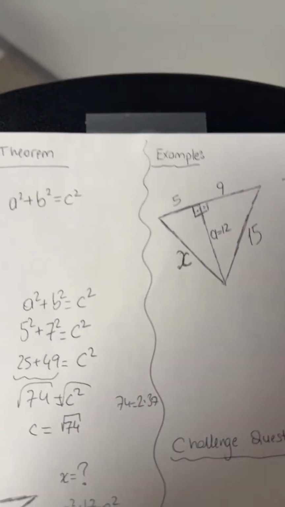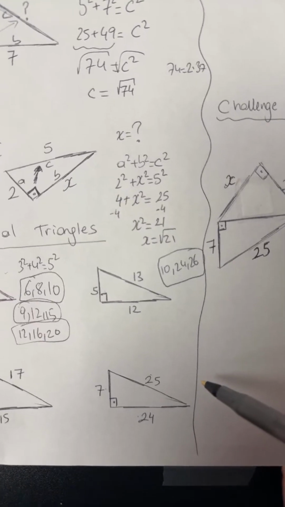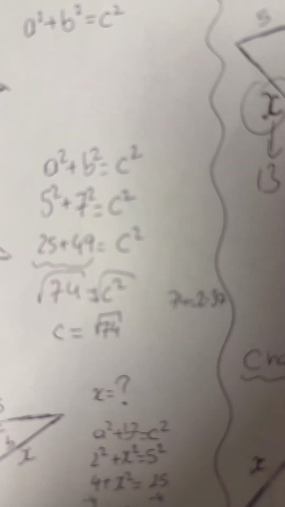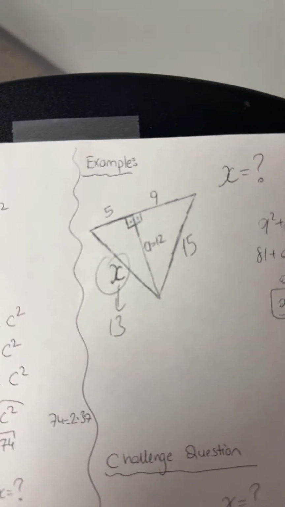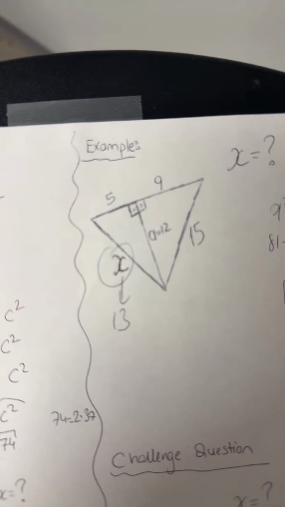And now we have another right triangle, which is 5, 12. What is the third one? 5, 12, 13, okay? So x is 13 because 5, 12, 13 is a special triangle. You can calculate, but it's going to be 13, okay?